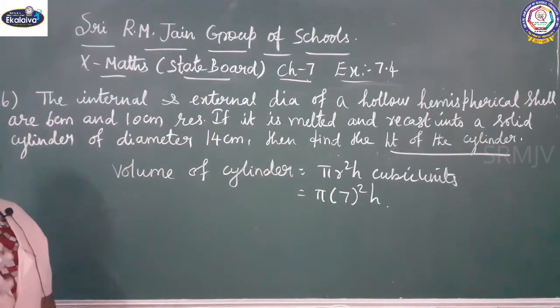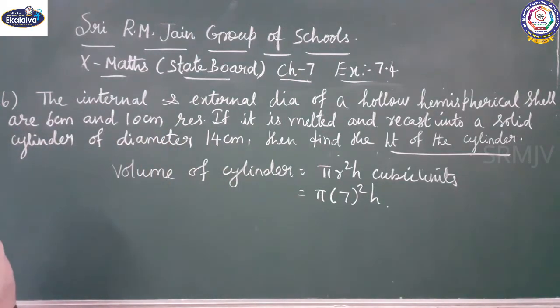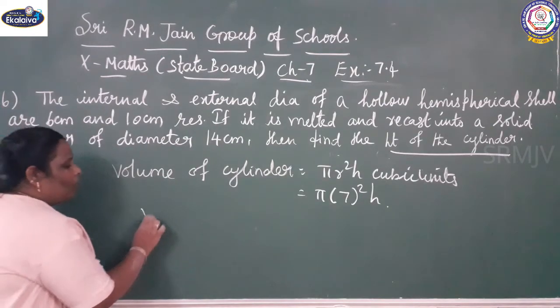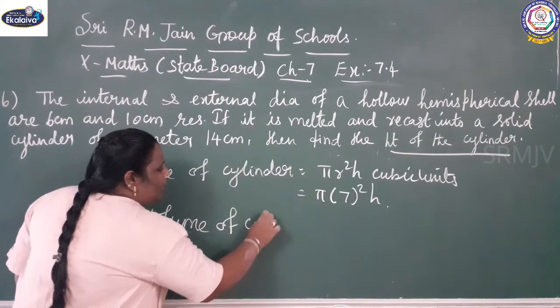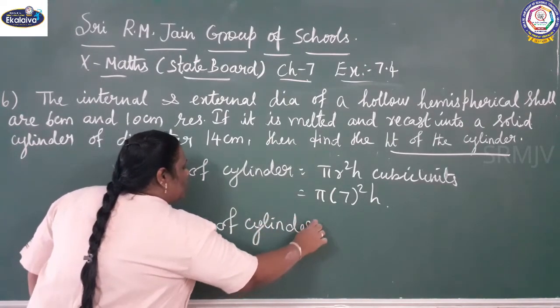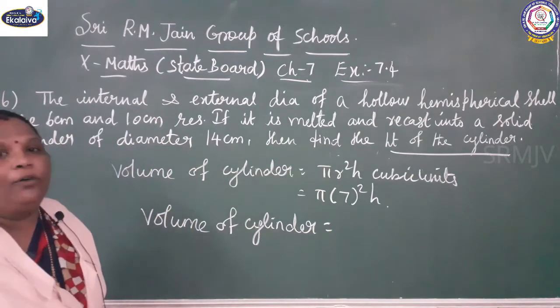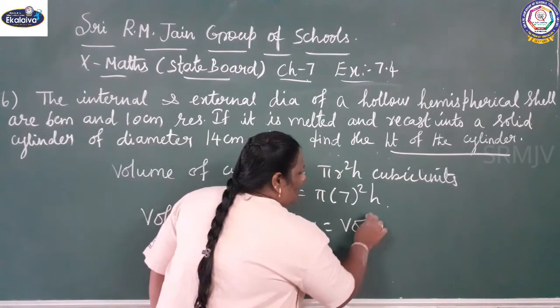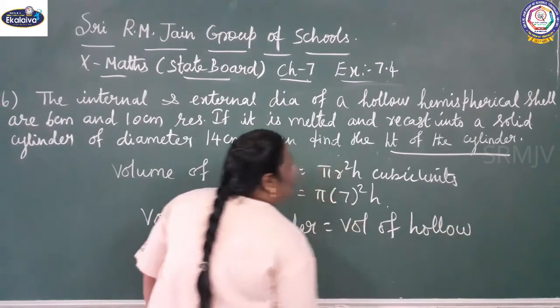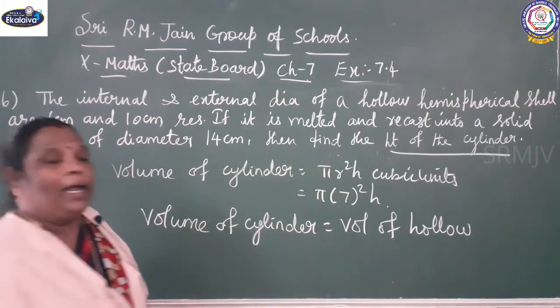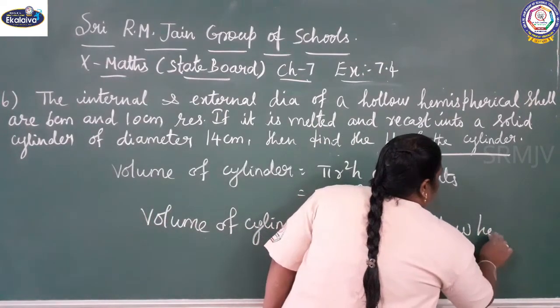So it is given that the hollow hemisphere is melted and cast into a solid cylinder. So volume of cylinder equal to volume of hollow hemisphere.